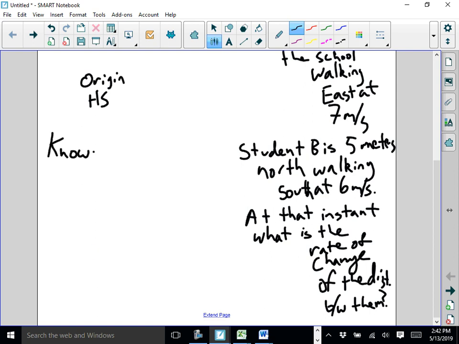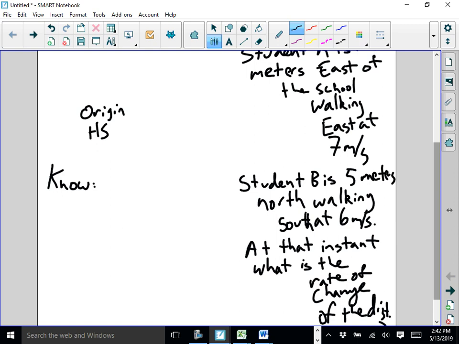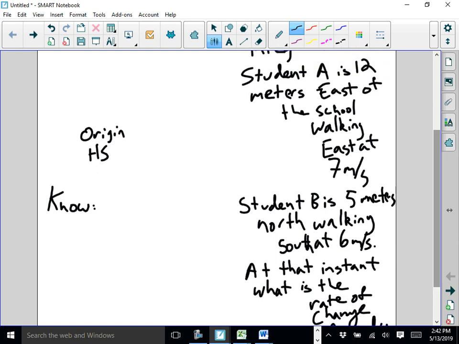First, let's start with student A. Student A is 12 meters east of the school, so we're going to put student A right here. And that student is walking east, so that student is going this way.